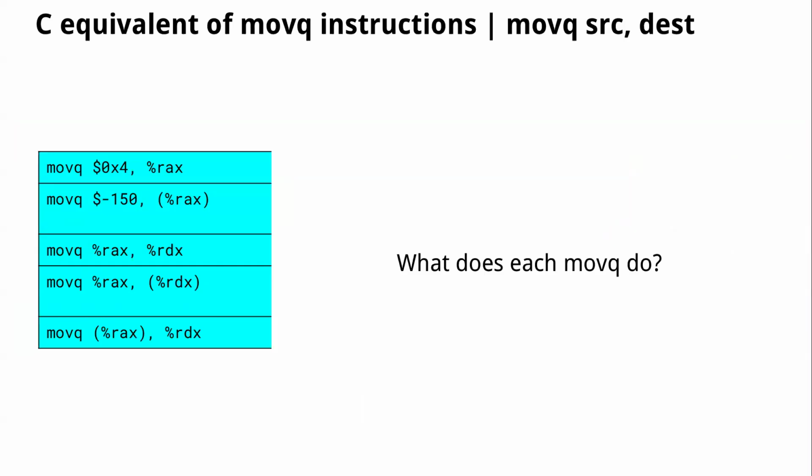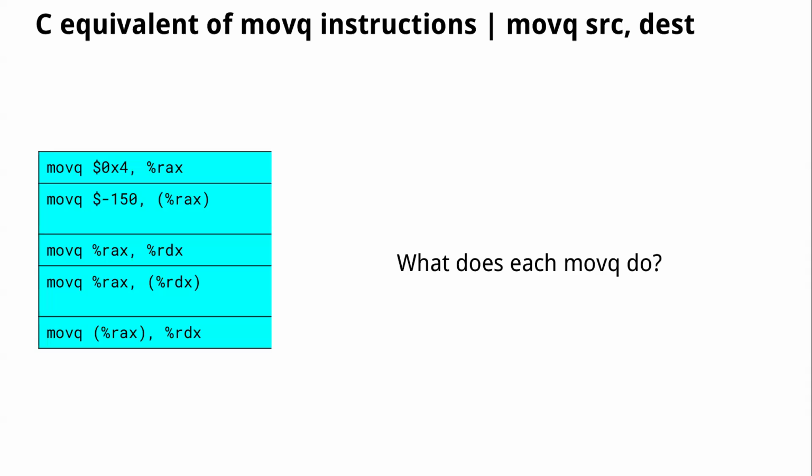There's 4 bytes in the memory address. Okay, so yeah, right there, we're moving something to memory. Because the second operand is the destination in this syntax, and that address is in RAX. That's right.